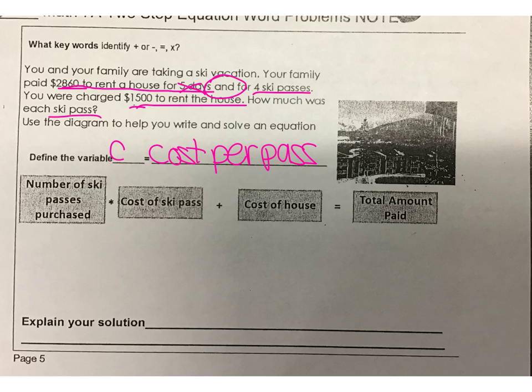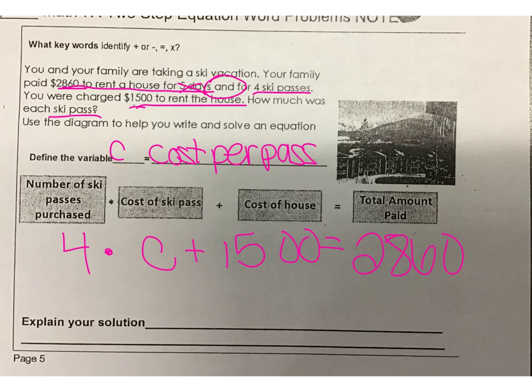So we're going to take the number of ski passes purchased, which would be 4, times the cost per ski pass, which is what we don't know, our C, plus the cost of the house, which is $1,500, equals the total amount we paid, $2,860.